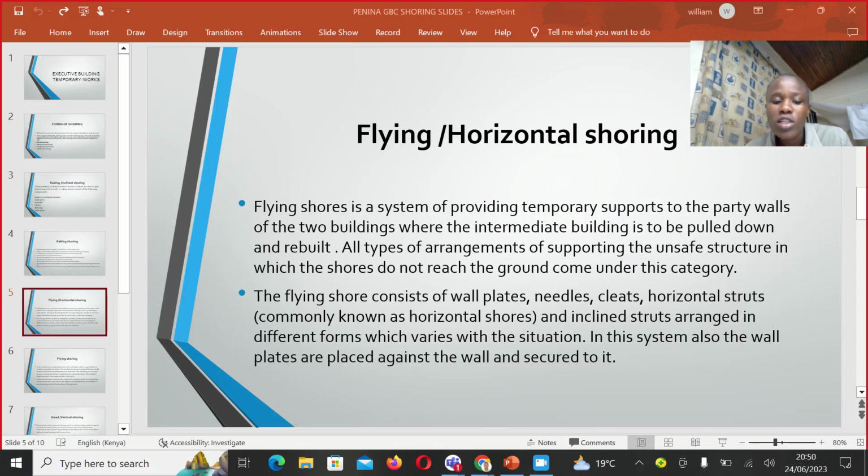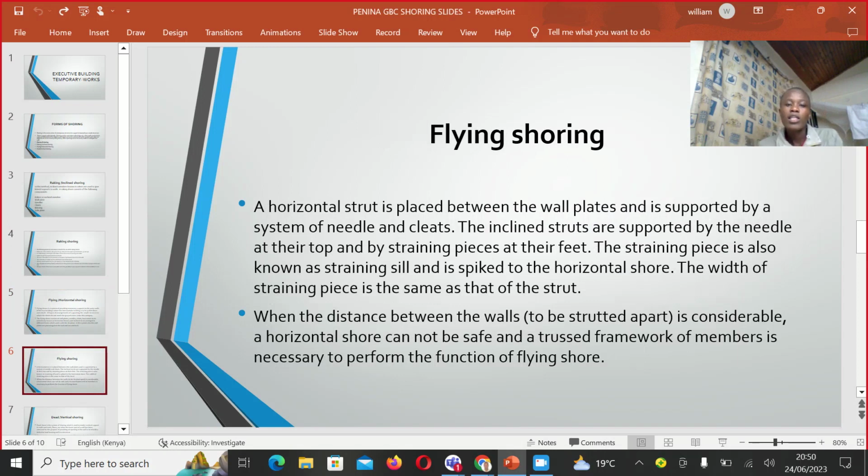The wall plates are placed against the wall and secured to it. Struts are placed between the wall plates and supported by a system of needles and cleats. The inclined struts are supported by the needle at their top and by straining pieces at their feet. The straining piece is spiked to the horizontal shore, and its width is the same as that of the strut.